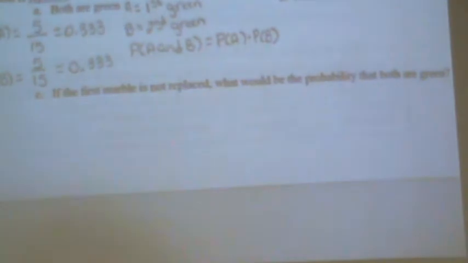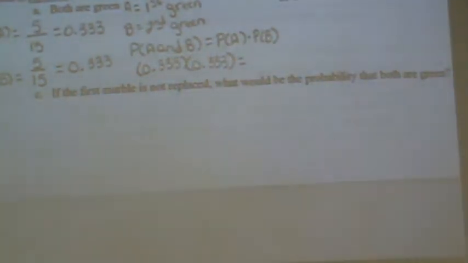So now we want the probability of A and B, because we want both of our picks to be green. So that equals the probability of A times the probability of B. Plugging in our numbers, we have 0.333 times 0.333.